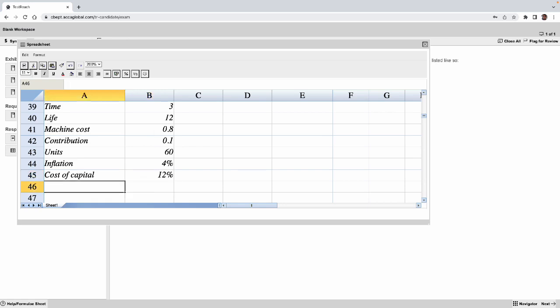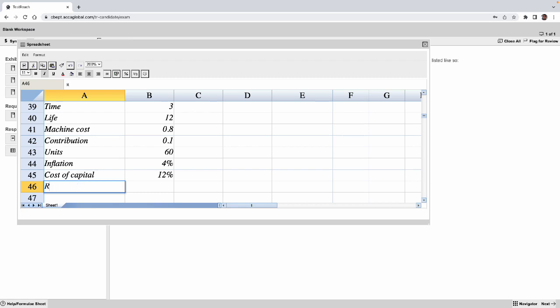Now, since I'm dealing with one number only, I better calculate the real rate.